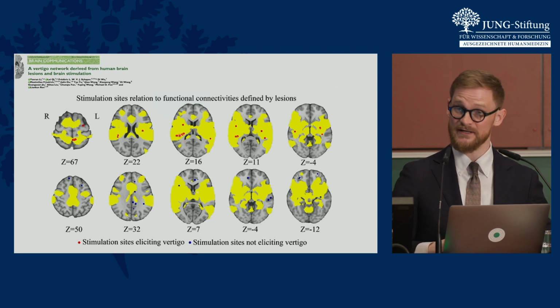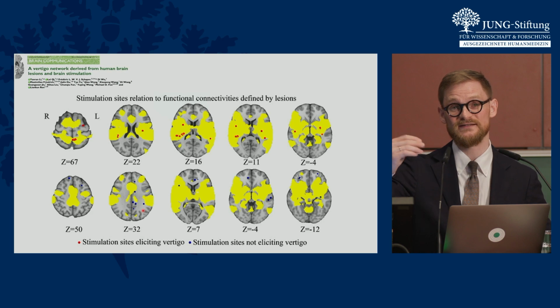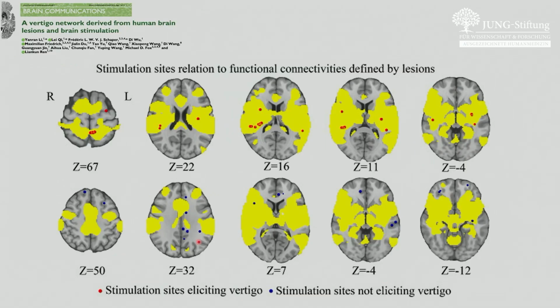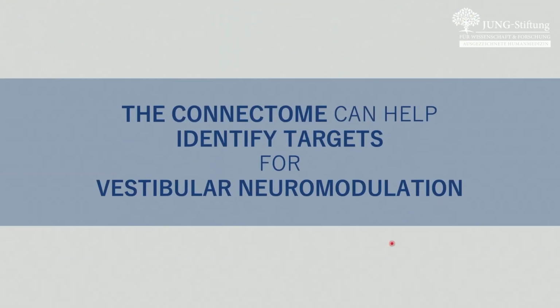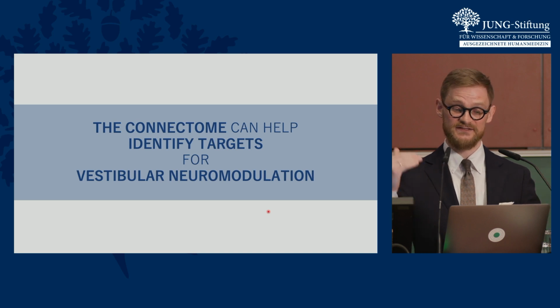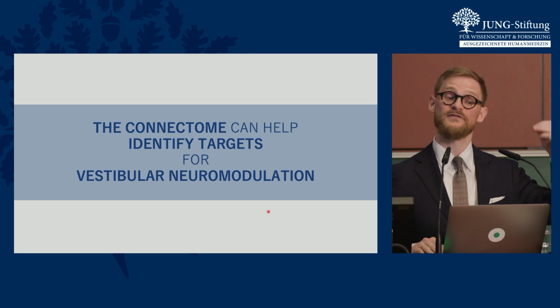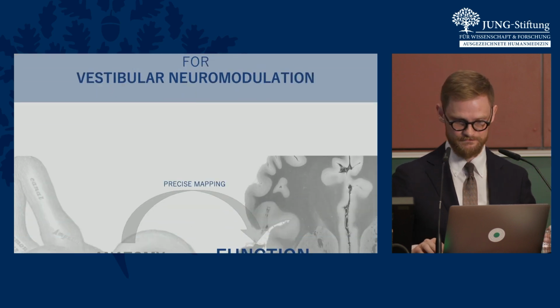And the red ones align very well, whereas the blue ones in here, those were the electrode spots that specifically did not cause vestibular problems, and they fell outside of this network. So the conclusion here is that the connectome, with all its assumptions, can help us identify targets for vestibular neuromodulation and potentially also for therapeutic modulation of function.